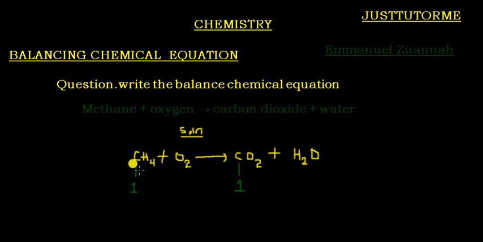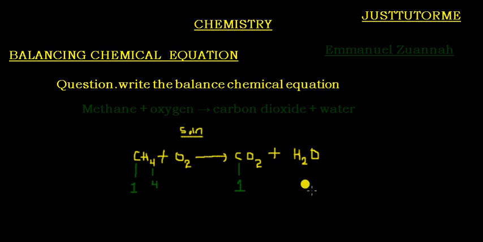Okay, we now look at the hydrogen. Observe, hydrogen here has 4, so there are 4 hydrogens in the reactant. In this case, carbon is balanced: 1 carbon in the reactant and 1 carbon in the product.